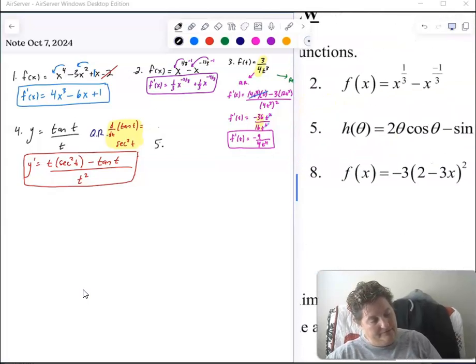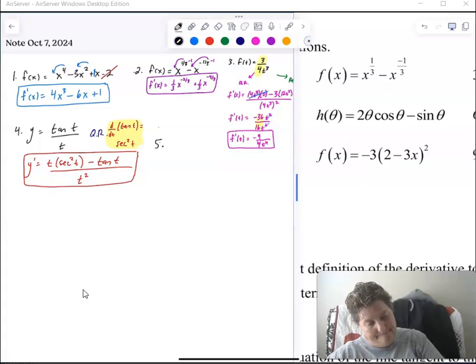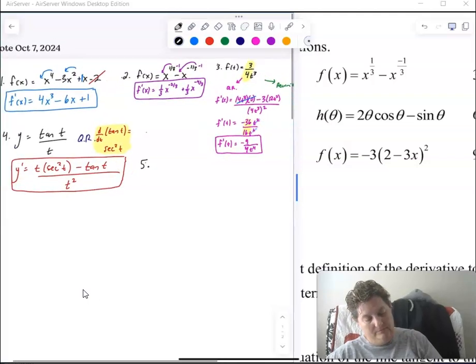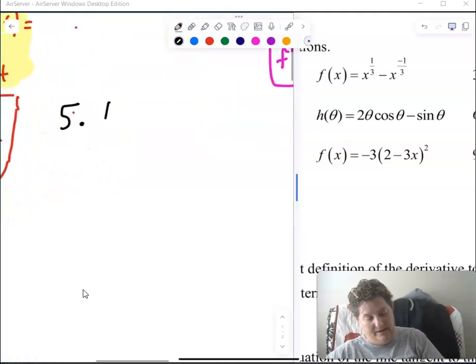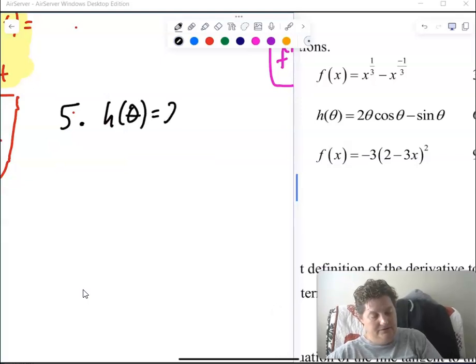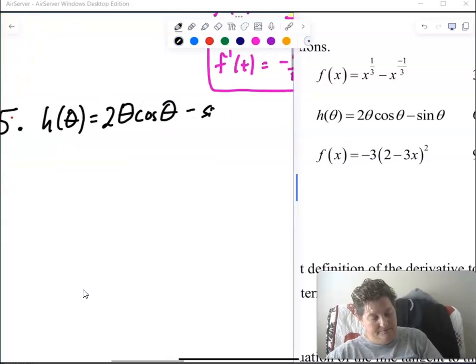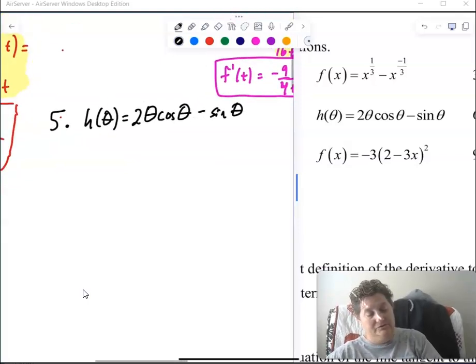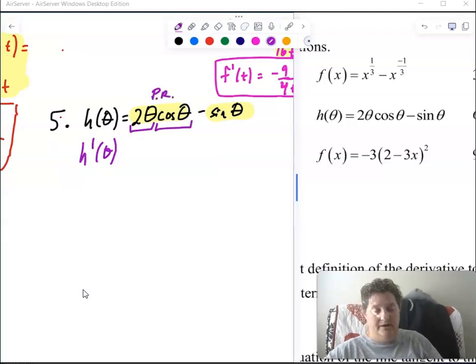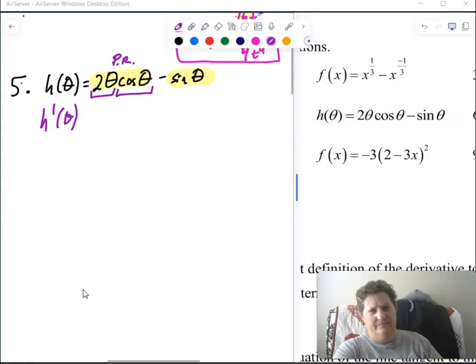All right, let's get down a little more. All right. Okay, h of theta is 2 theta cosine theta minus sine theta. Now we can do this as two different derivatives, okay? This is one, this is the second. However, on this first derivative, you actually have a product here because theta is my variable.